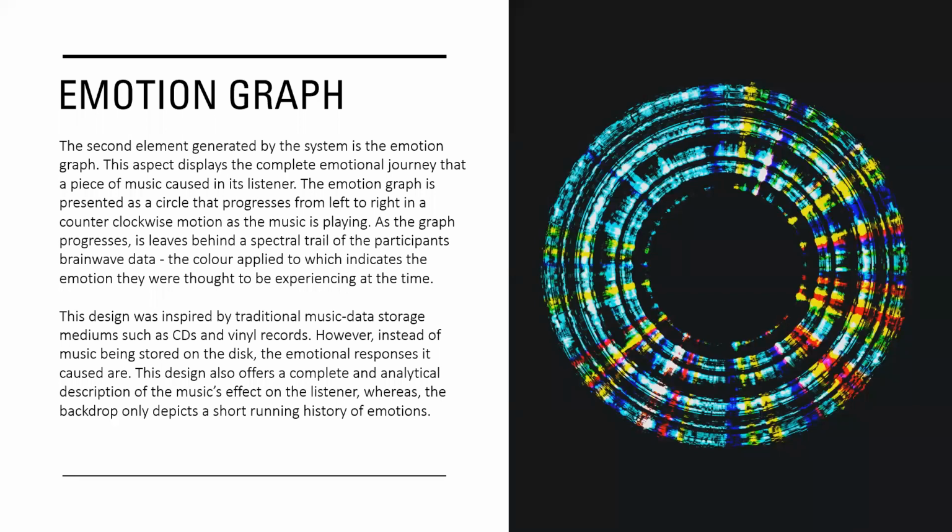This design was inspired by traditional data streams such as vinyl records, but instead of audio being stored, it's the emotional data that is stored. It also gives the complete analysis of the immediate effect, whereas the backdrop depicts a running history of emotions.